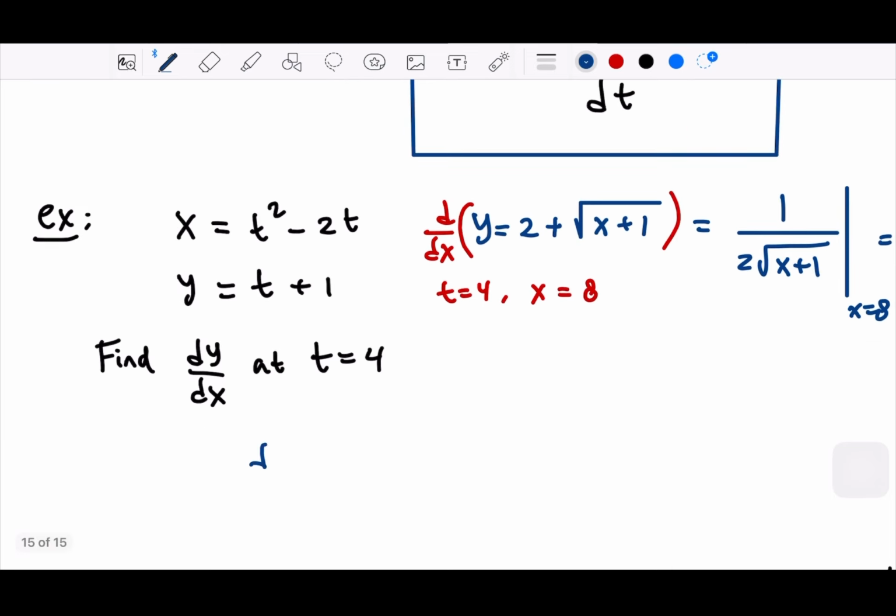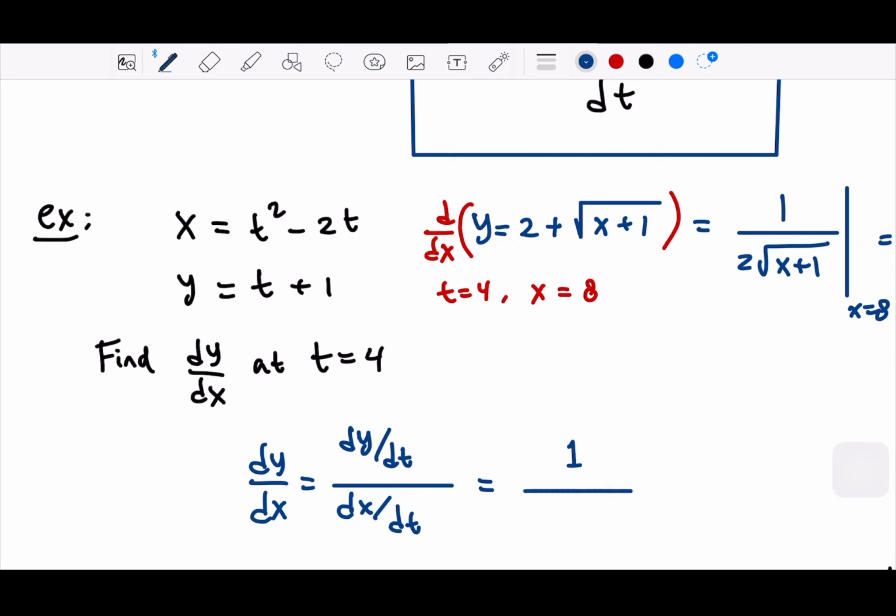So dy over dx is equal to dy over dt divided by dx over dt. So we are going to differentiate each of x and y with respect to t. Okay. So dy over dt is just 1, and dx over dt is 2t minus 2.